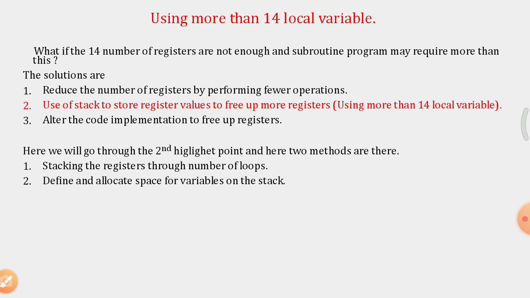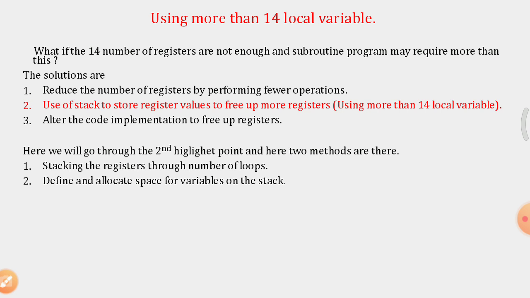What if a subroutine program needs more than 14 registers? Then we have three solutions here. One thing we can do is reduce the number of registers by performing fewer operations in the subroutine, but that is going to be quite tough.